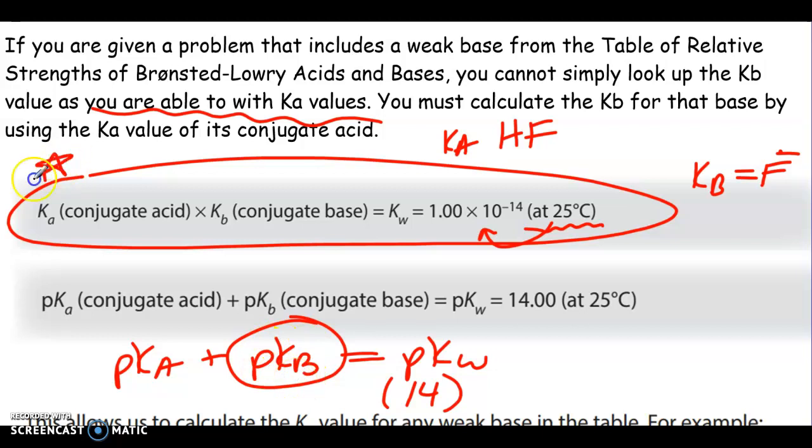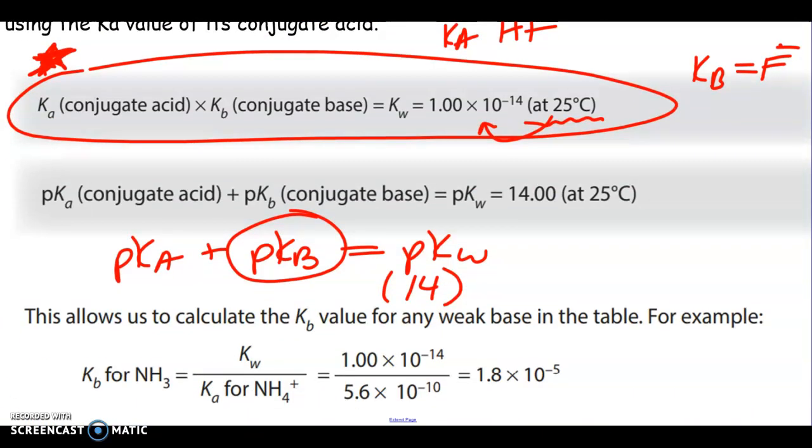Honestly, I feel like this is the much easier approach that you're going to use more often, but it will work out to be the same either way. They're giving you an example using the Kb for ammonia versus the Ka of ammonium, like I mentioned. The Kb for ammonia you can get by doing Kw over Ka of the conjugate.